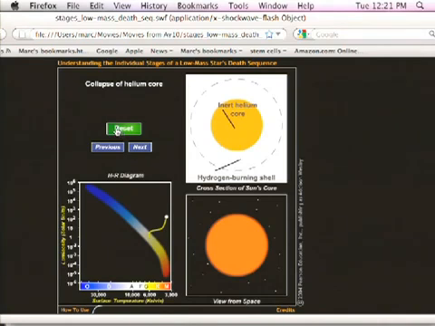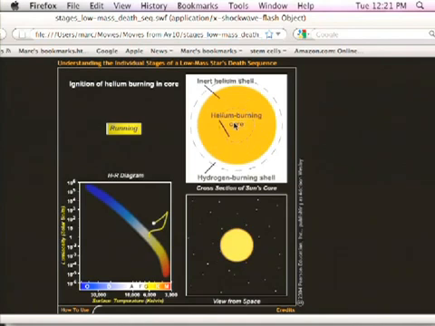If we now let it go a little further, the helium, which was inert, is eventually going to get hot enough. The core is going to push, and this temperature will get hot enough. It will overcome the barrier. So now we let it go, and bang.